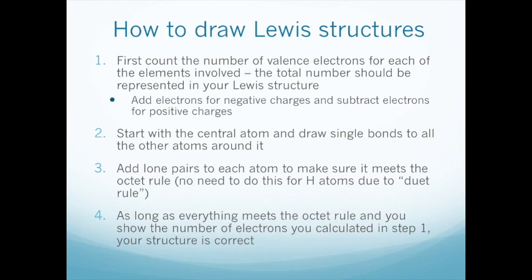Then you need to establish the central atom and draw single bonds to all of the surrounding atoms, and then add lone pairs to each atom to make sure that it counts up to 8 on each atom, or 2 for hydrogen. And as long as everything meets the octet rule and the number of electrons matches the number of valence electrons in each atom, plus or minus the charge, then the structure is correct. Now, this may sound a little confusing at first, but we will go through it.